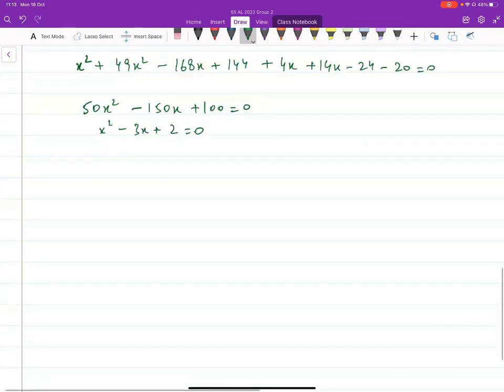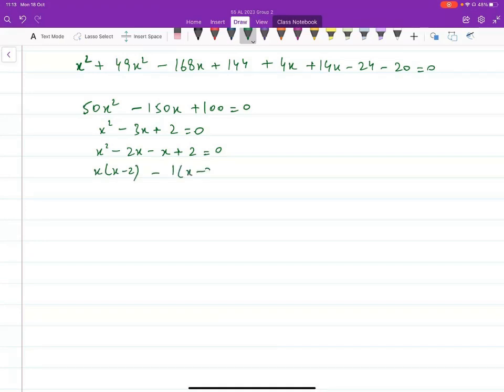Now you can see whether you can factorize this. We can factorize this. This becomes x squared minus 2x minus x plus 2 equals 0. And that gives us x into x minus 2 minus 1 into x minus 2 equals 0. So we have x minus 1 into x minus 2 equals 0, x equals 1, and x equals 2.